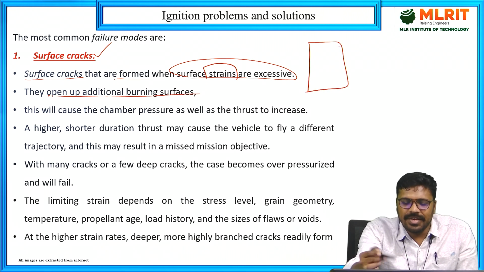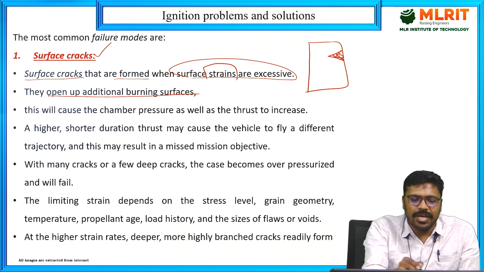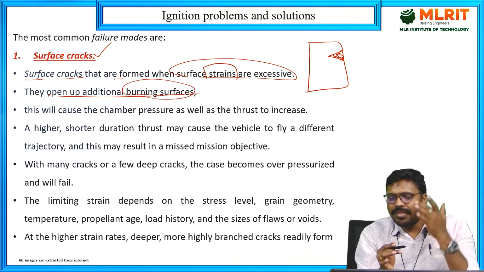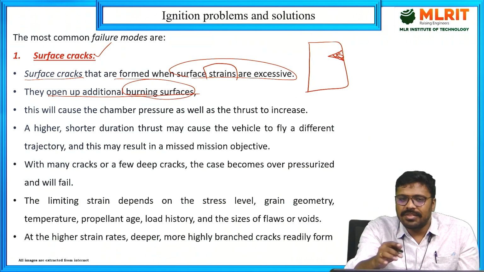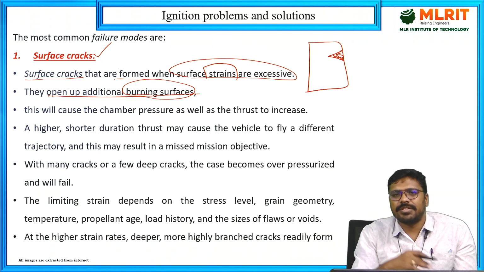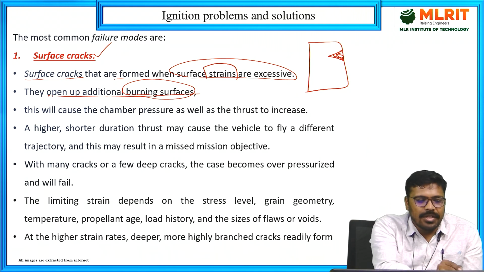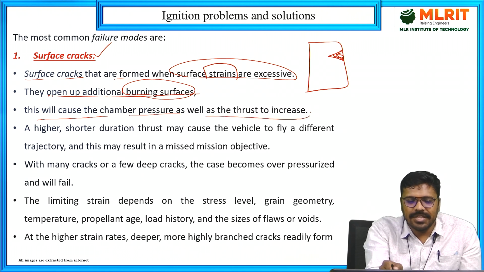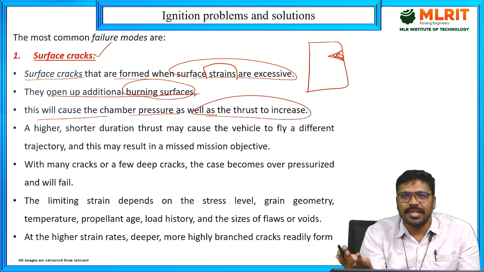But whenever a crack forms, the burning surface increases. When the burning surface increases, pressure fluctuations happen in the motor. This causes a change in chamber pressure as well as the thrust to increase suddenly.